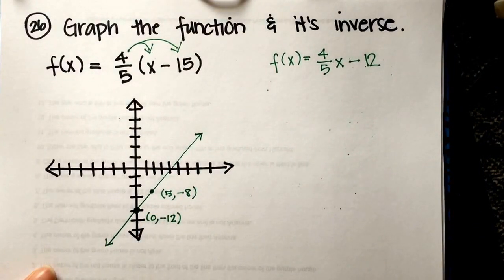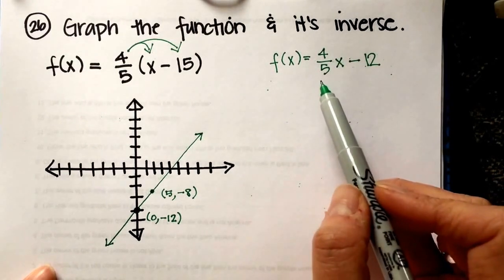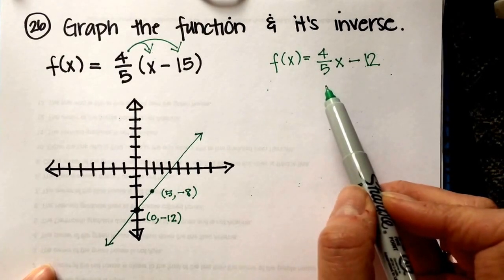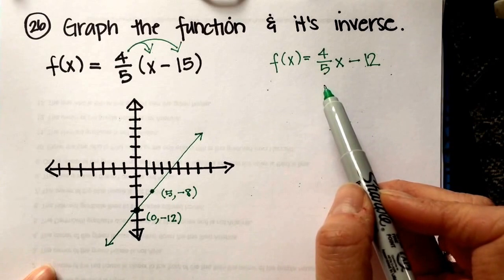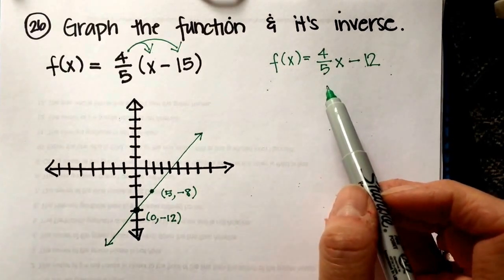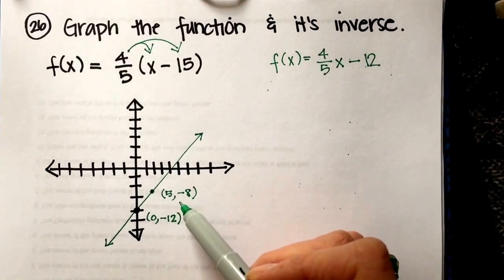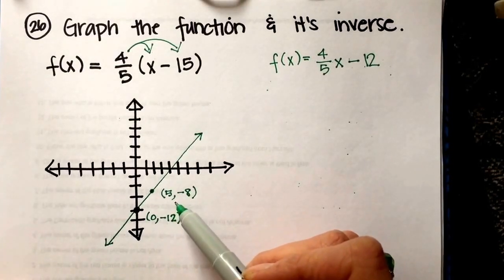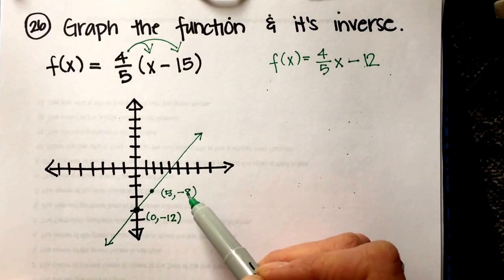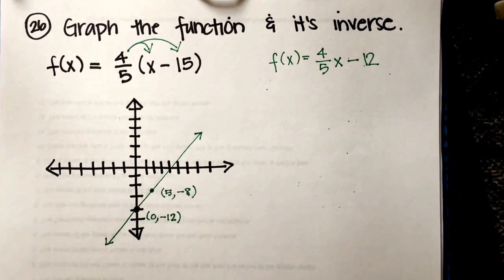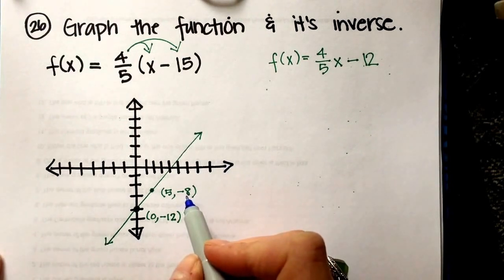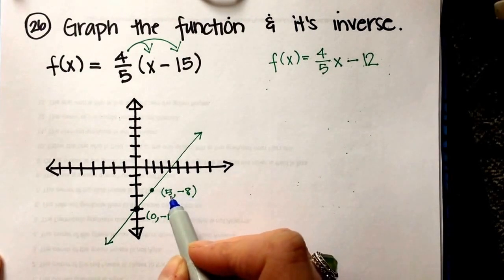Now for your inverse, you could go like we did on number 24, and we could find the inverse of this equation and graph that. Or what I would do is I would graph it as an inverse. So when we graph inverses, we switch the ordered pairs. So instead of 5, negative 8, I'm now going to switch that ordered pair for the inverse and graph negative 8, 5.